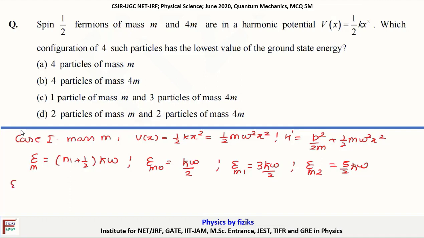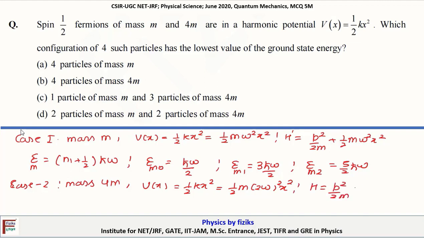Now we consider the second case. The particle is having mass 4m, that means V(x) would have the form 1 by 2 k x square, that means 1 by 2 m times 4 omega square x square, and the Hamiltonian will be p square by twice m plus 1 by 2 m times 4 omega square x square.